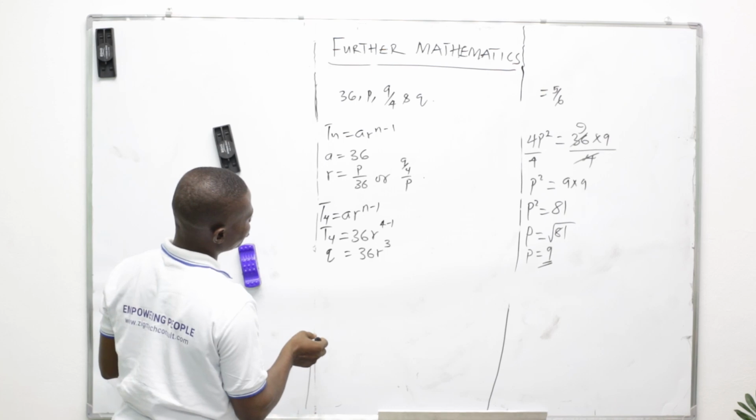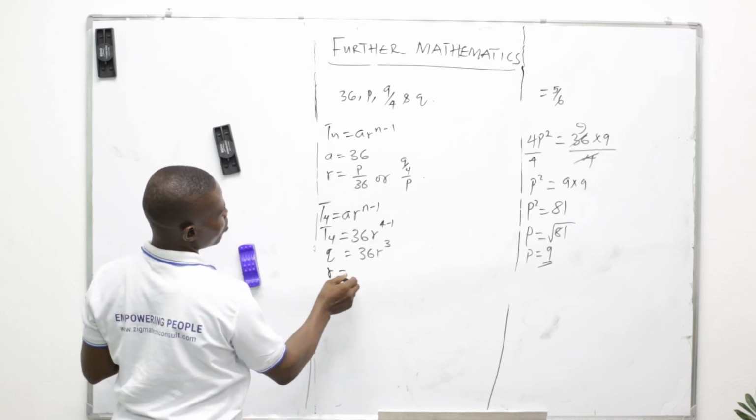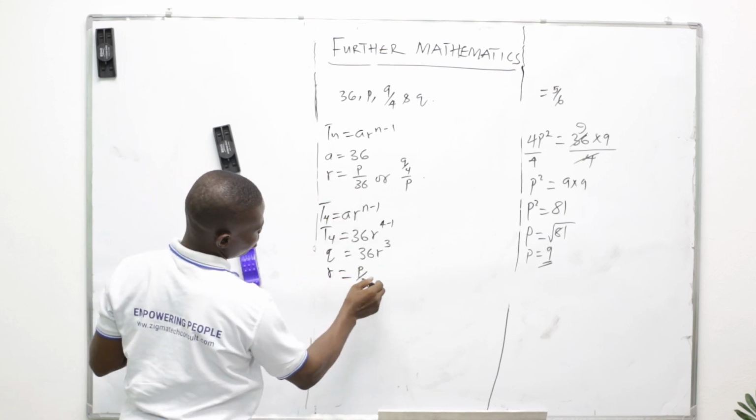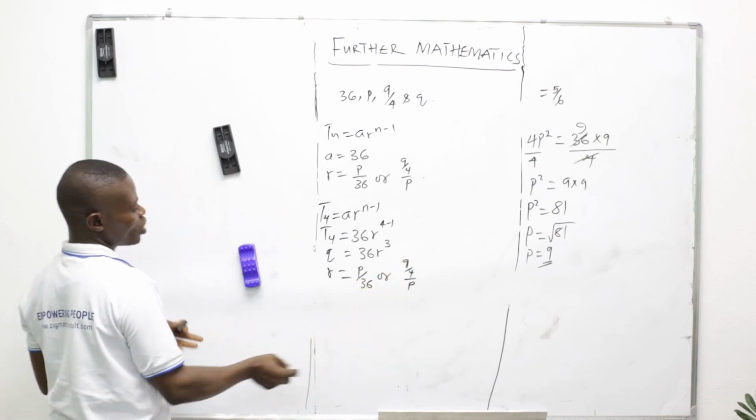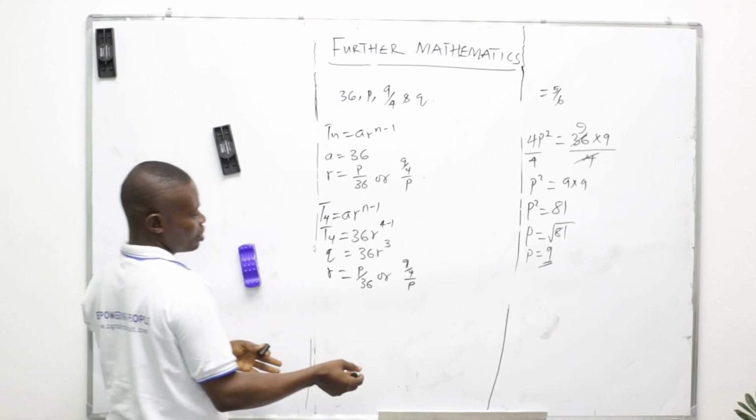Recall that R equals either P over 36 or 9 over 4 over P. Both of them should give us the same value.